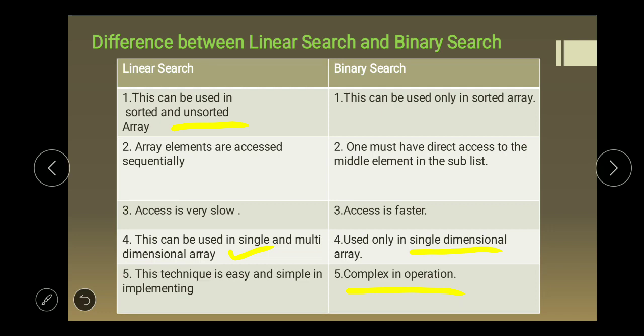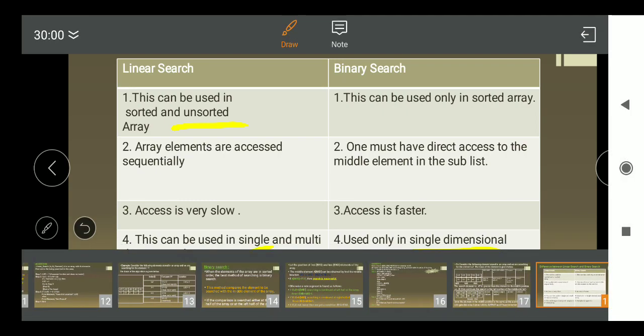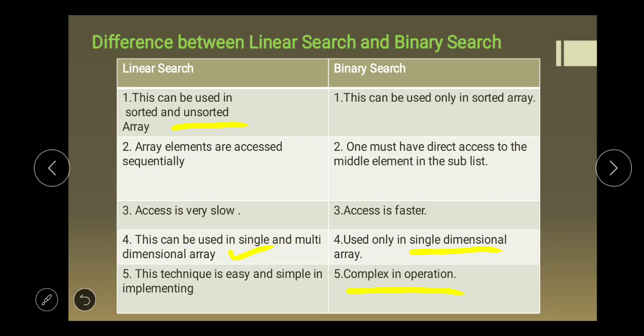In binary search, if we have an unsorted array, we have to apply a sorting process to that array first, then we have to apply the binary search. That's why the operation is complex here. This is the fifth difference between linear search and binary search. These are the differences between linear search and binary search.